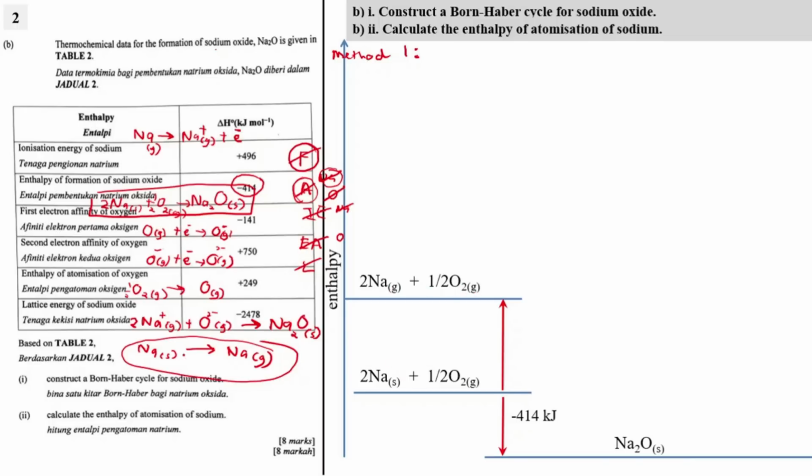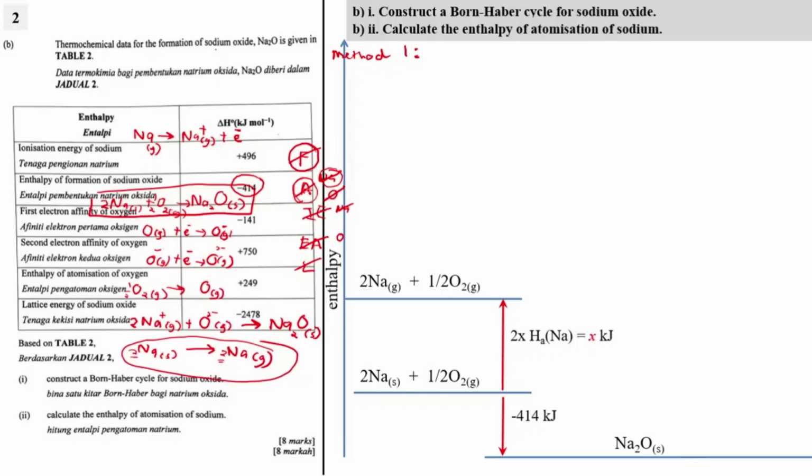What changes here is solid becomes gas. When you have 2 mole here, it's going to become 2 mole here. That is why I'm going to put it as 2 times the enthalpy of atomization of Na equal to X joule, because the value here is not given, and we need to figure it out in step number 2 here.